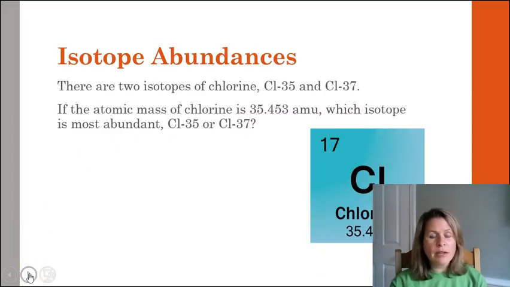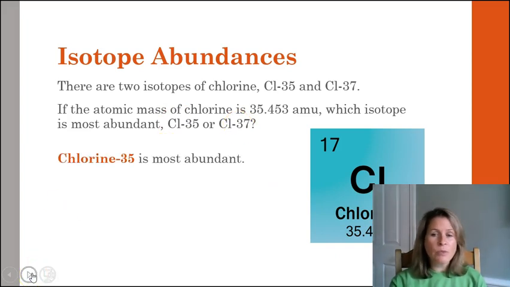All right, now you can use that information and kind of go backwards with it. If I told you that there are 2 isotopes of chlorine, chlorine-35 and chlorine-37, and that the average atomic mass of chlorine, the one that we see on the periodic table, is 35.453 atomic mass units, then if I asked you which isotope is most abundant, the 35 or the 37, by looking at this number and seeing that chlorine-35 is closer to the actual average atomic mass, then you know that chlorine-35 contributes more of a percentage to this weighted average than does chlorine-37.